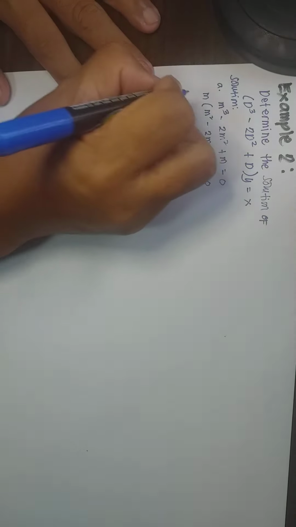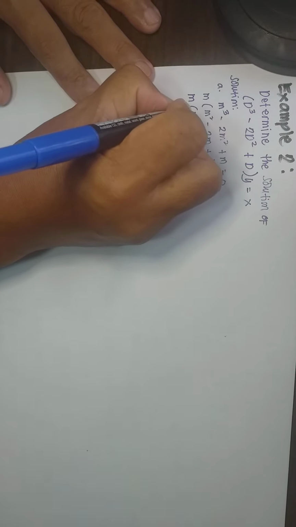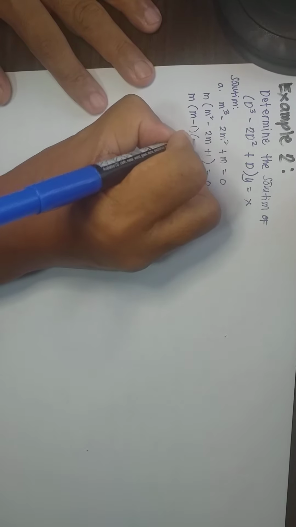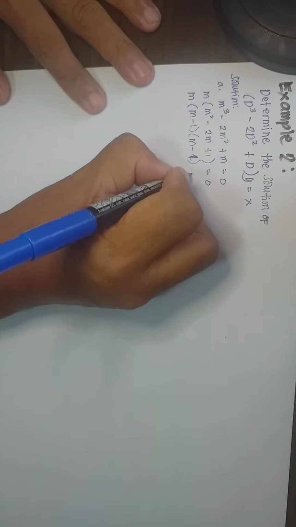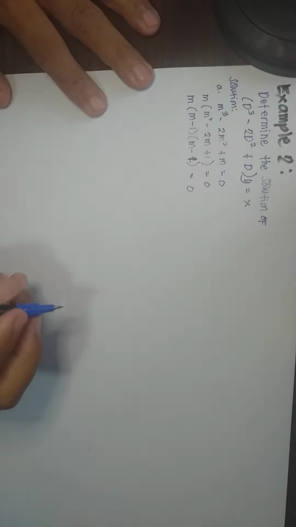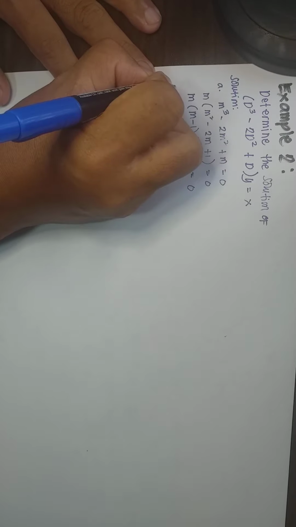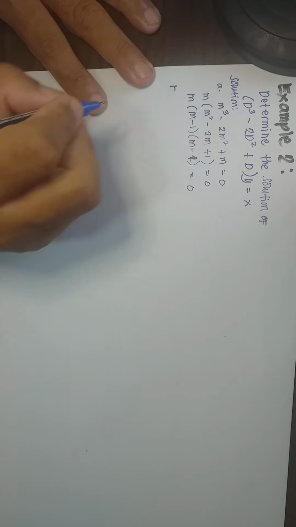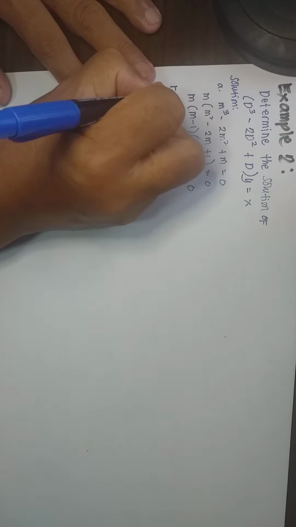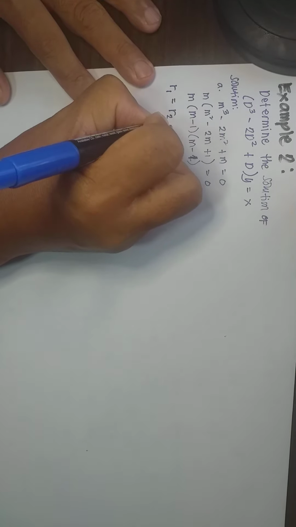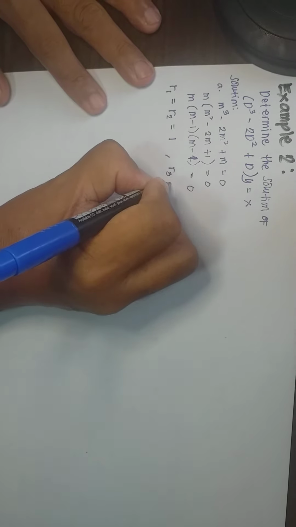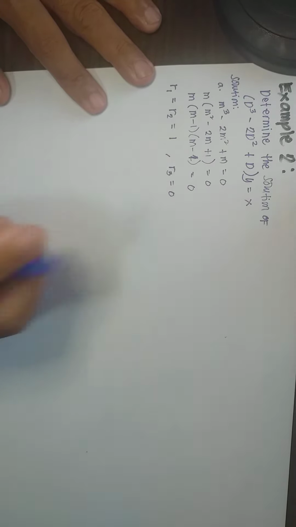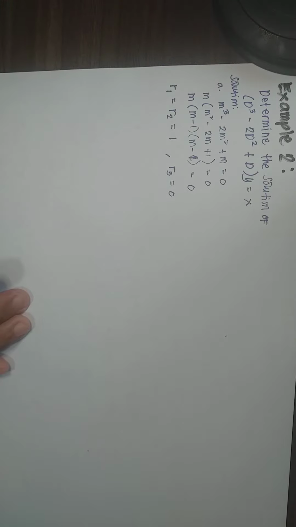Okay? So this is m times m minus 1 times m minus 1, is equal to 0. So we have the roots r sub 1 is equal to r sub 2, and that is equal to 1, and r sub 3 is equal to 0. Okay? So that will be the roots.